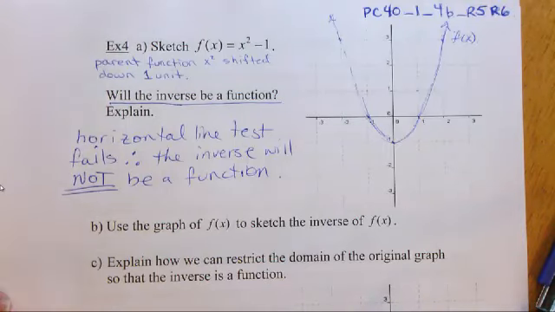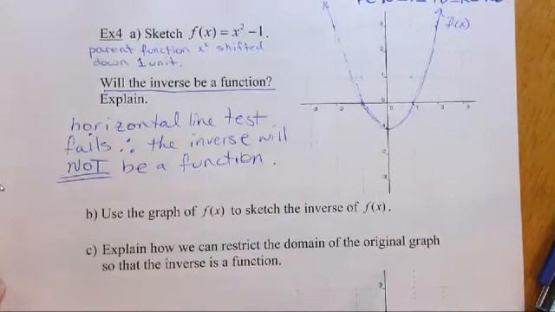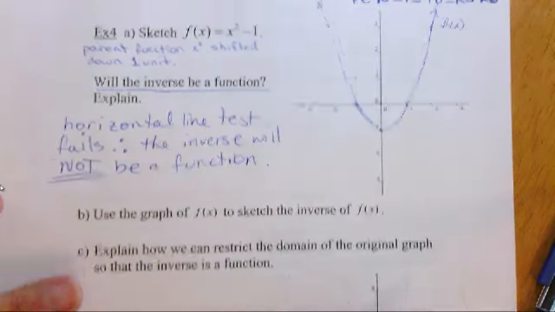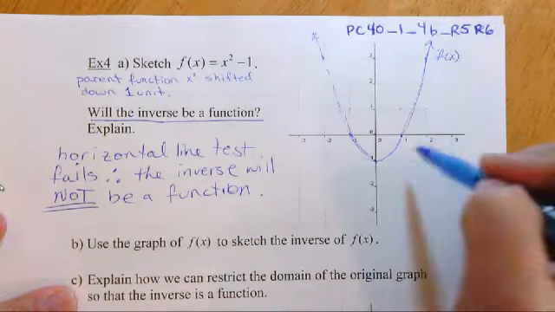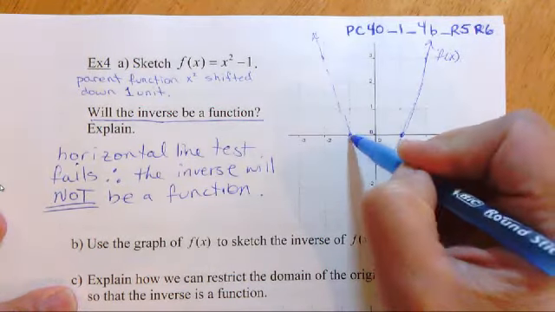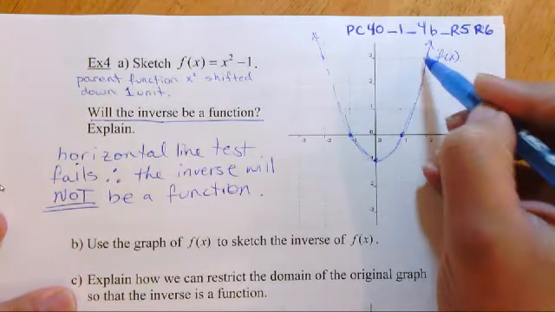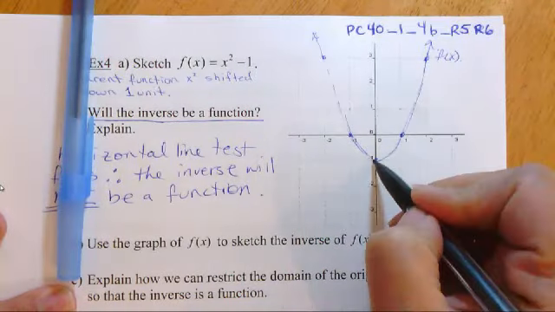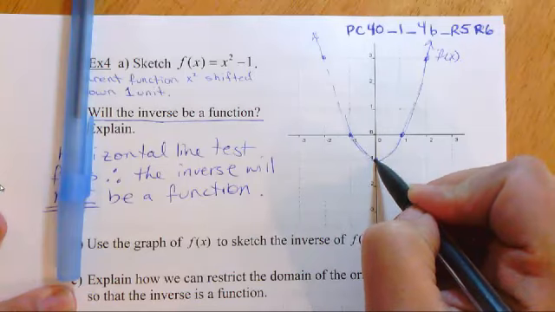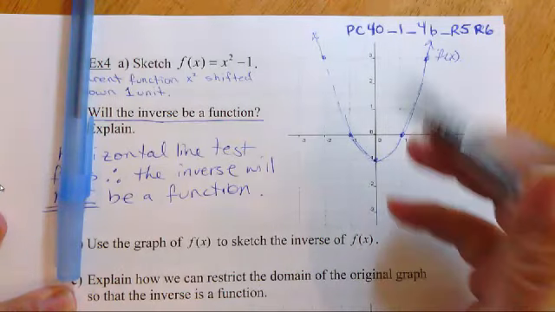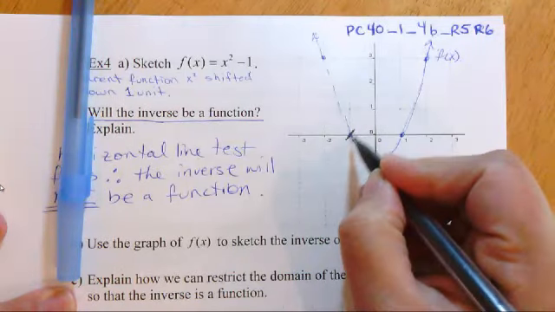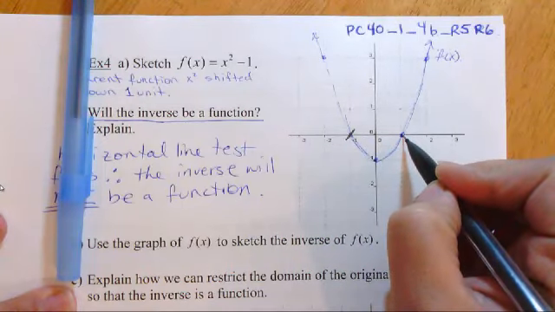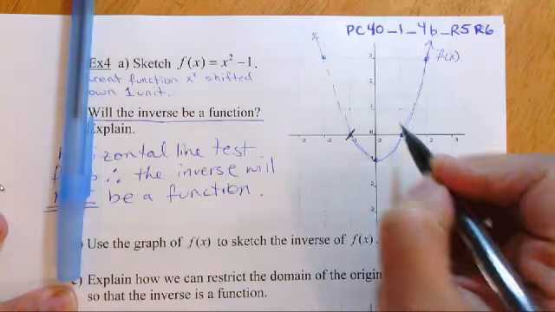Okay, so now if we use the graph of f of x, we are going to sketch the inverse of f of x. So we'll take these points and we will switch the x's and y's. I'll do that in pencil so you can see the difference. So this 0, -1 is going to end up going right here. And this 1, 0 is going to be 0, 1.